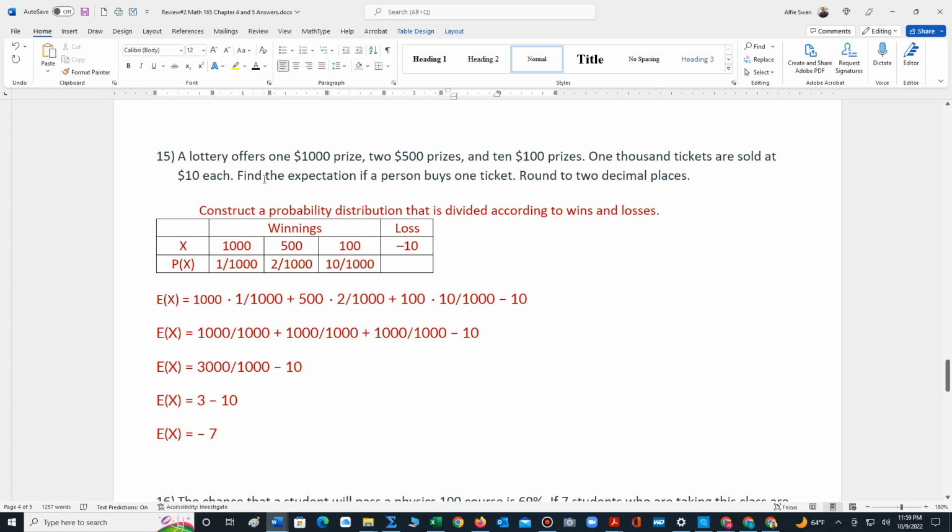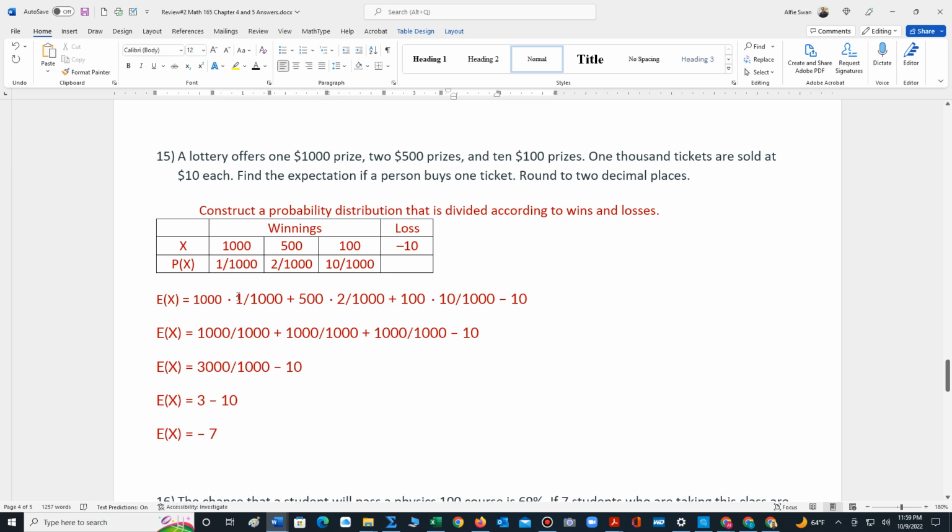To win 1,000, there's one chance out of 1,000 tickets that are sold. For the $500, 2 chances out of 1,000 tickets. And for the $100, 10 chances out of 1,000. Next, we average out the winnings, so we're going to multiply each outcome with each probability, add the results, and then subtract out the loss.